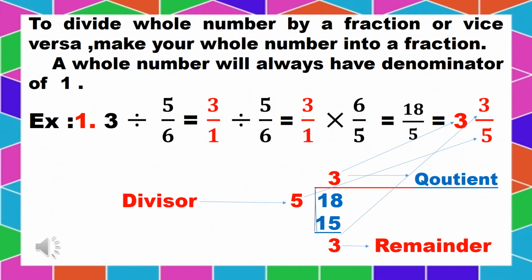Looking at this fraction, it is now in lowest terms because 3 and 5 are both prime numbers. We cannot look for any other factor that can reduce the fraction anymore. So the final answer is 3 and 3 fifths.